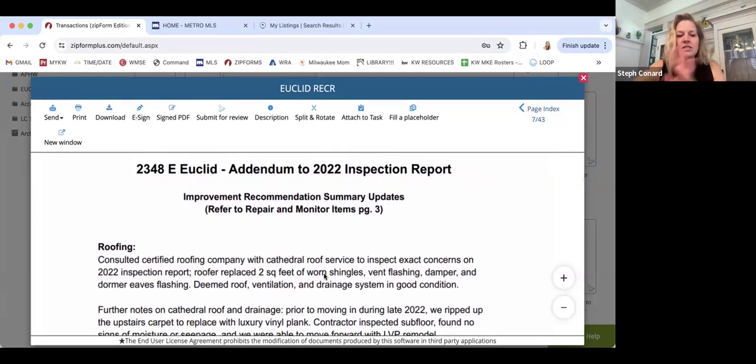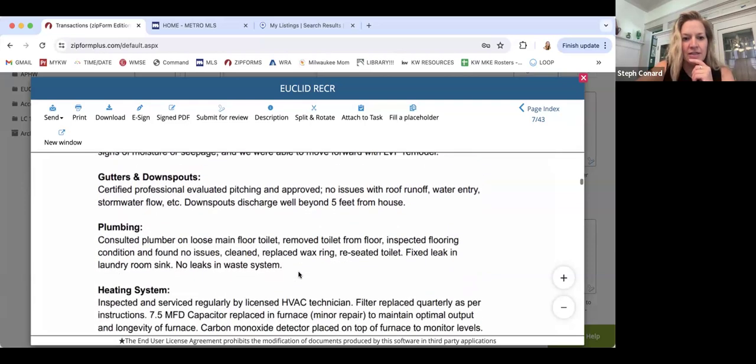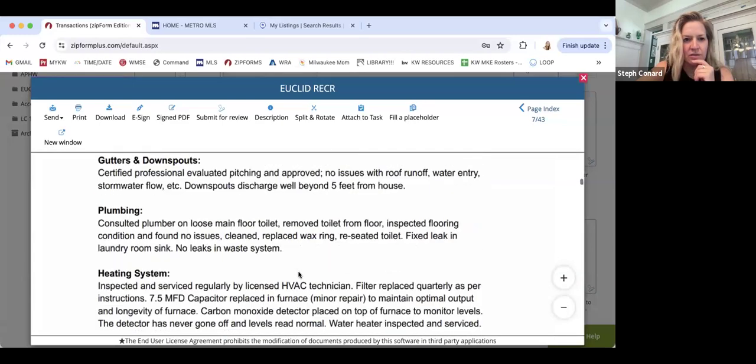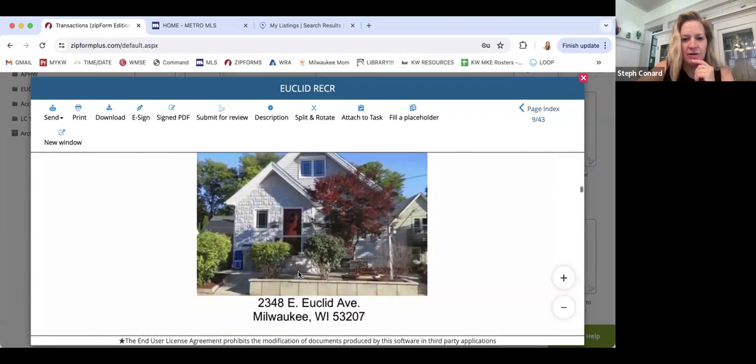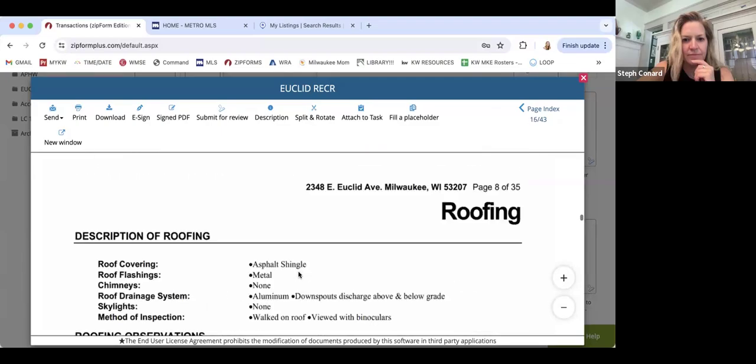This is specific to this property, but this particular seller included a document that you would want to make sure that the buyer is also signing if included. This particular seller expanded on the answers and made it more clear on this addendum. So then I had the buyer also initial this, and it's somewhere up here. And they had a pre-listing inspection done as well, and the buyer also initialed that.